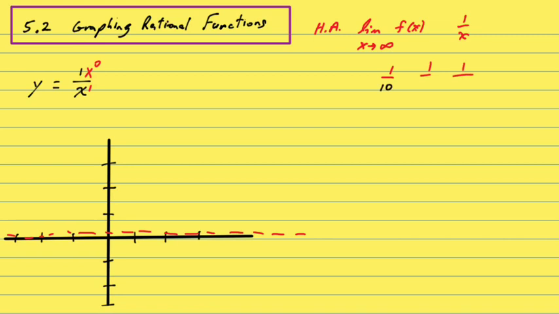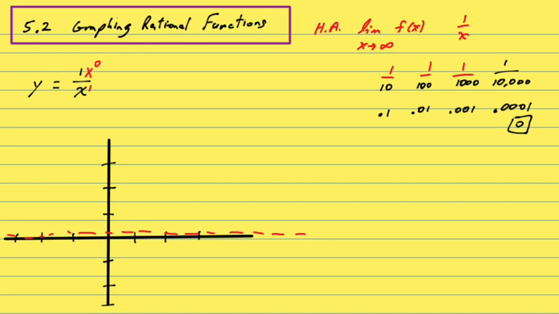That's a big number. That'd be 0.1. How about 100? That's a bigger number. How about 1,000? That's bigger. That's closer to infinity. As the denominator gets bigger, please notice the value gets smaller, approaching 0. That's why you have a horizontal asymptote at 0.